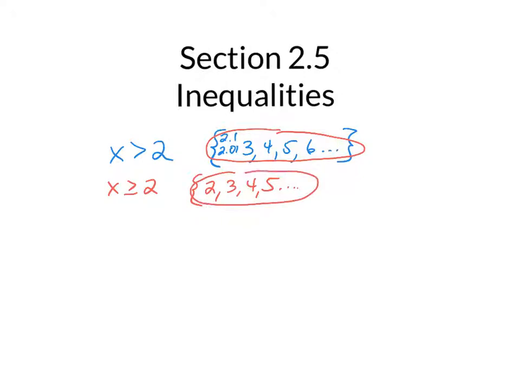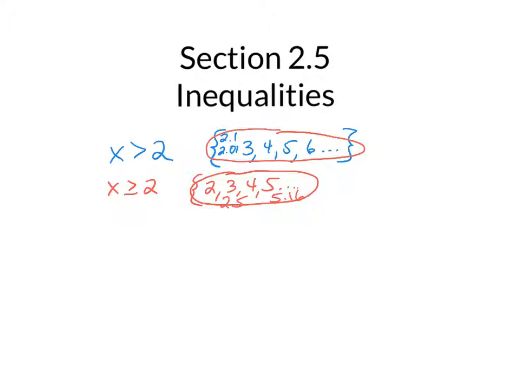I'm talking about any numbers at all that are greater than 2, including the decimals, the fractions, things like that. So for this, I could also say 2.5 and 5.16, anything at all that is greater than or equal to 2.